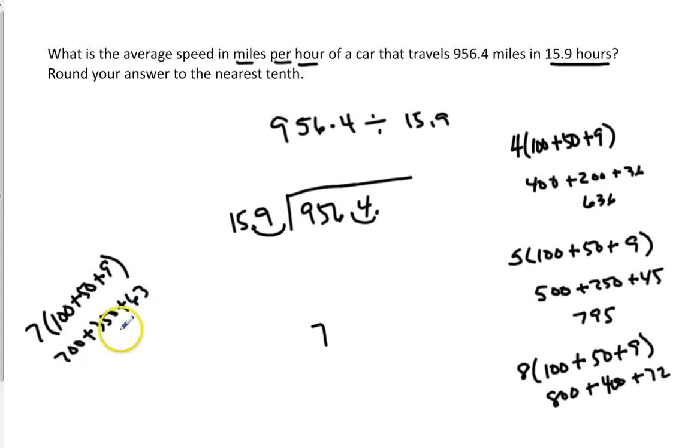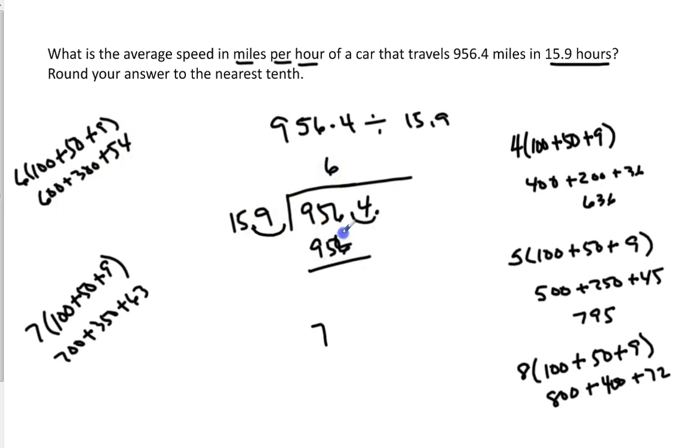All right, too much there. That's already 1,000. So I guess it was 6. And that's okay if we do a little bit of math off to the side. 600 plus 300 plus 54 becomes 954. Wow, that was very close. Okay, so here we go with our 6.